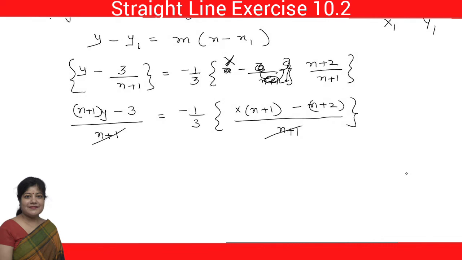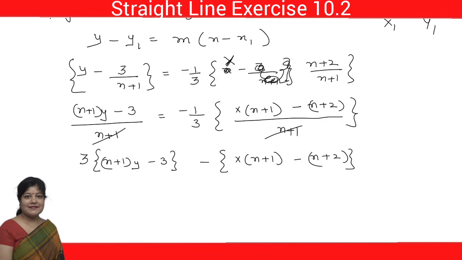These get cancelled. So now I multiply with 3 n plus 1 y minus 3. Here I have x n plus 1 minus n plus 2. Understood? So now I will try to solve it. So we write 3y n plus 1. 3 3s are 9.